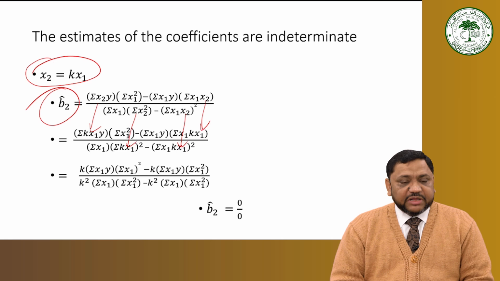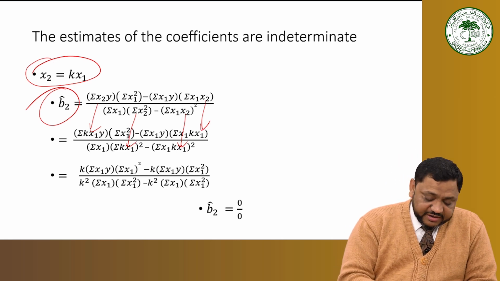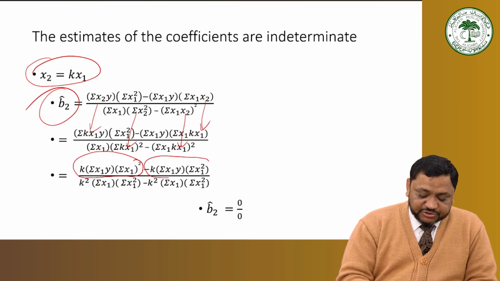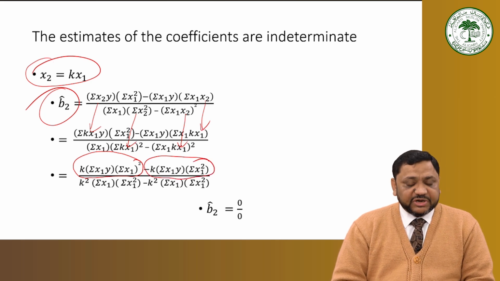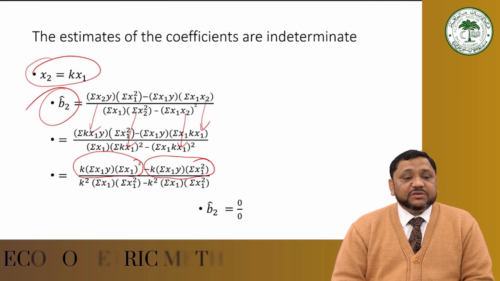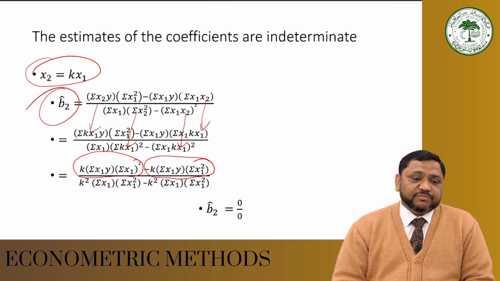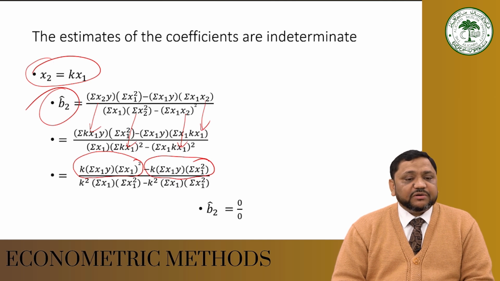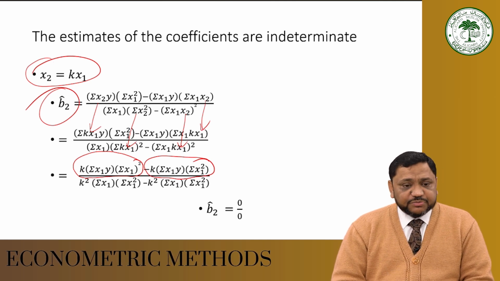Upon algebraic manipulation, we find that this term is just similar to this term. The first term is k summation x1y times summation x1 square, and the second term is also the same, minus k summation x1y times summation x1 square. So these two terms are the same, and the numerator becomes 0.